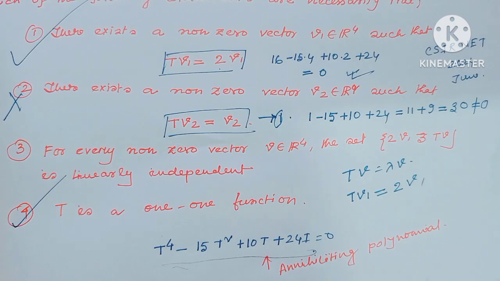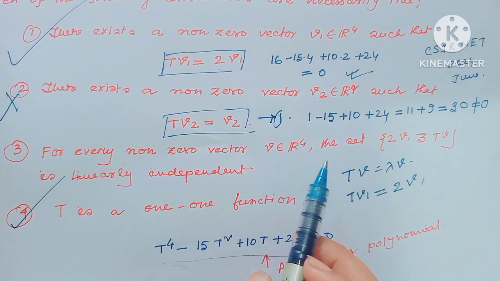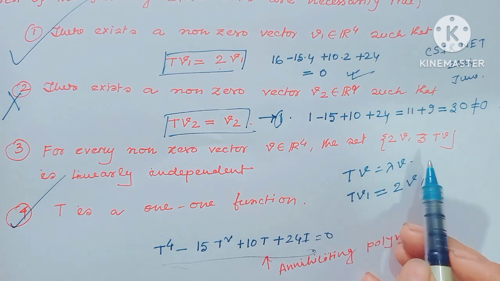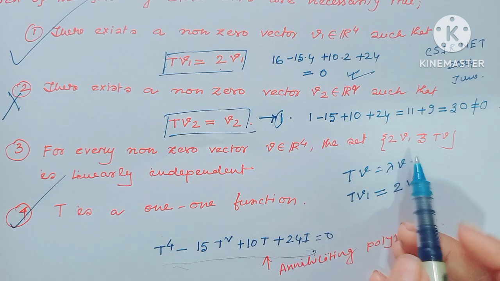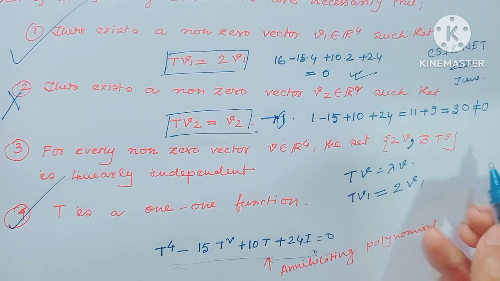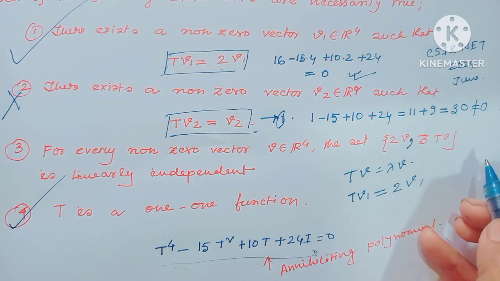And option 3 says for every non-zero vector v belonging to R4, the set 2v, 3Tv is linearly independent.